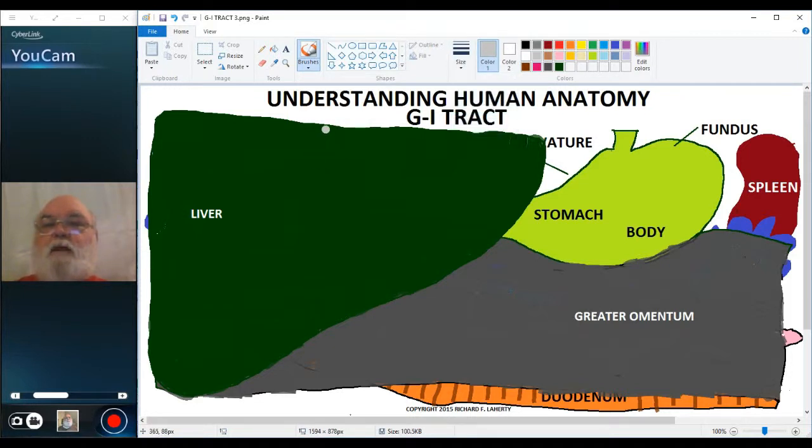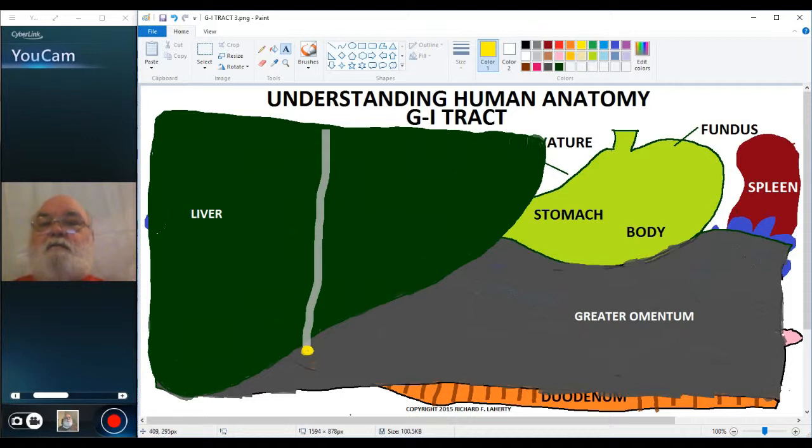And the falciform ligament would be running along here right about like so, and passing to the body wall. In the very inferior edge of the falciform ligament, there's a nice round ligament, the ligamentum teres. And the ligamentum teres is a remnant of the umbilical vein.